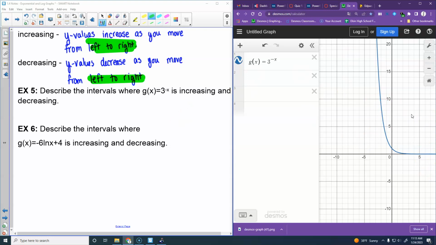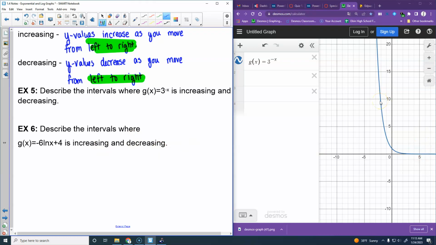So for this particular function, what are the x values where it decreases? It decreases everywhere on its domain. So I need to know the domain for this, right? What would the domain for this exponential be? I'm pretty sure over here that my x's go to infinity on the right-hand side. What about over here on the left?